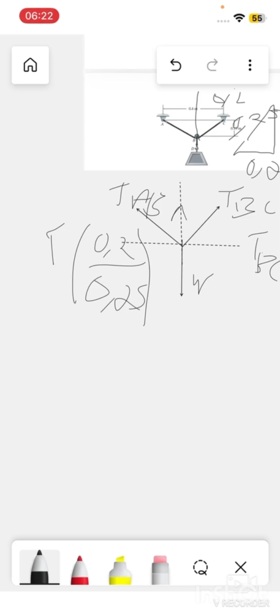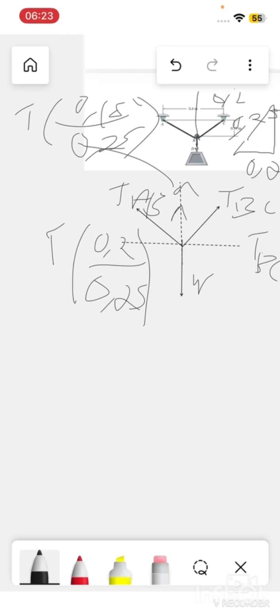But we have two forces here. Both forces are going to be T times 0.15 over 0.25. Even this one is going to be T times 0.15 over 0.25. Okay, these are our upward forces.